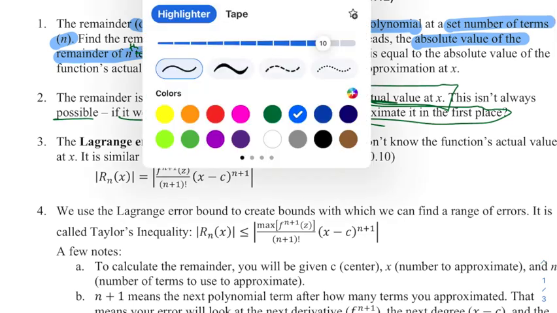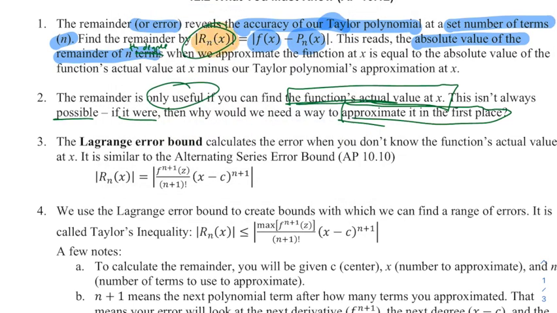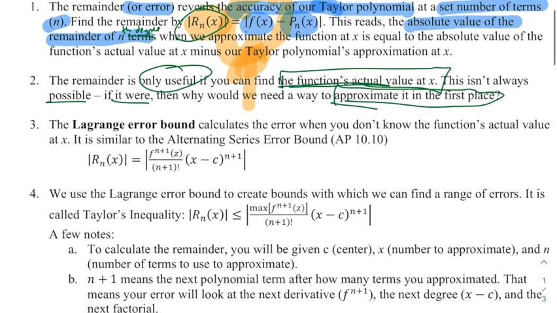Since, without a calculator, or in other cases, we can't find the real remainder because we don't know the real value of the function, we want to create some bounds. We want to figure out what the most our remainder could be. This is the same thing we did with alternating series.